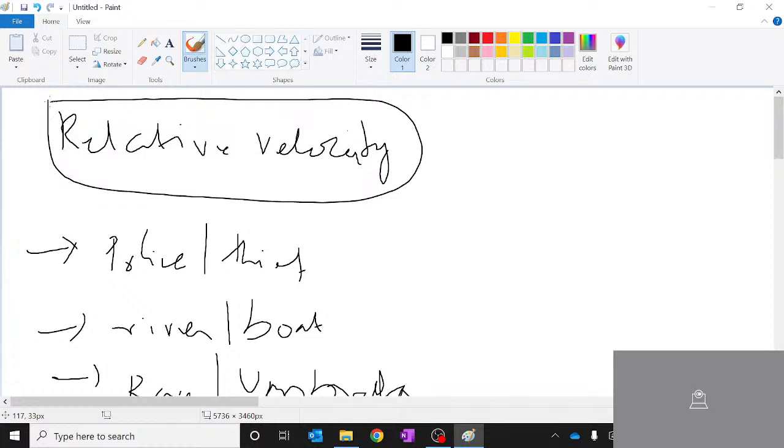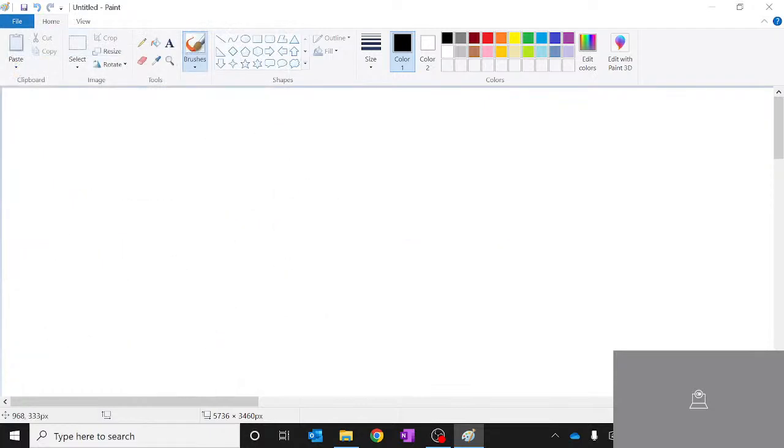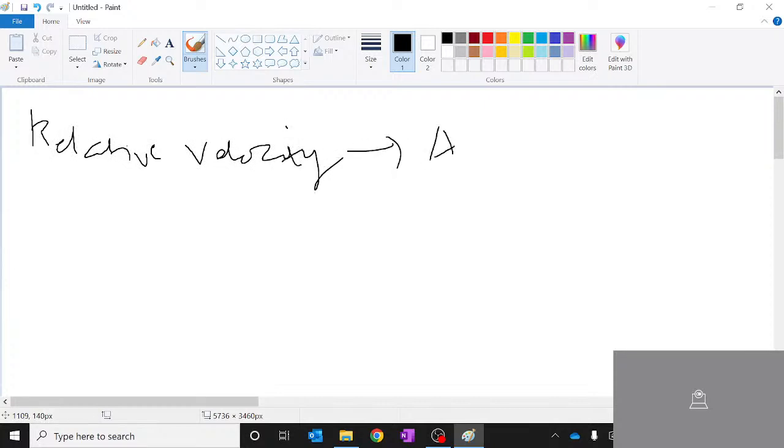Okay, so now what is relative velocity? There are a couple of things that you have to clearly understand, and it's as simple as that. It is not just relative velocity, it can be relative acceleration, it can be relative displacement, etc. The idea is relative motion.